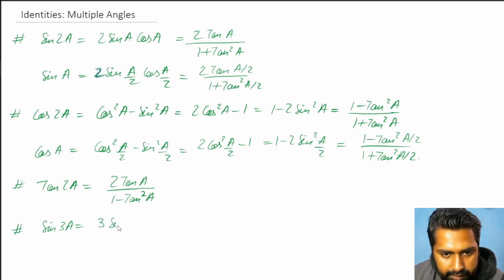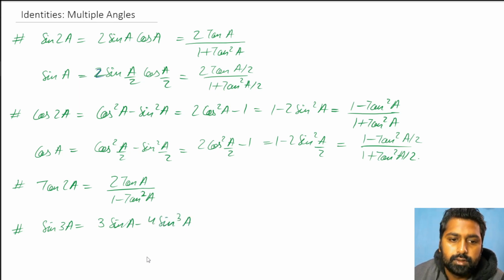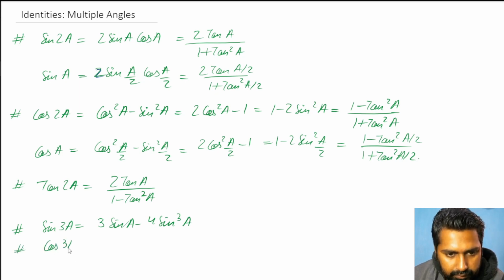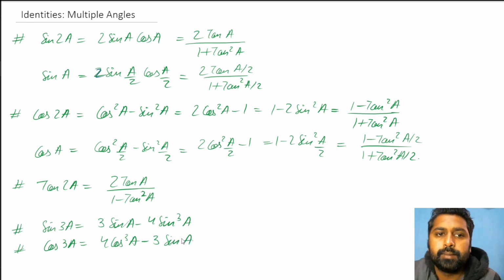This is 3 sine a minus 4 sine cube a. And then you have cos of triple angle, that is 4 cos cube a minus 3 cos a. Okay, so these are the identities relating to multiple angles.